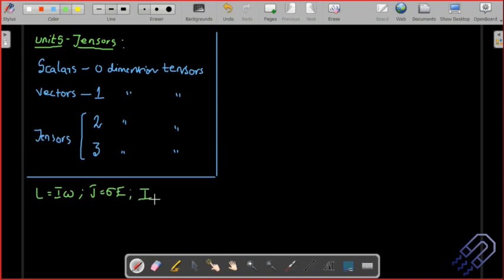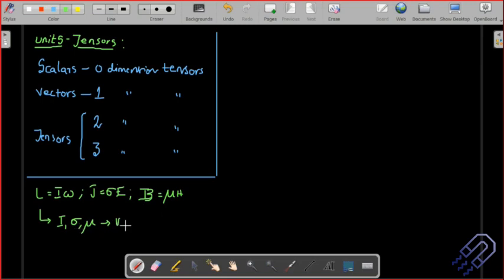And then you can have something like B is equal to mu into H. If you look into these quantities, I, sigma, or mu, these are basically vectors.